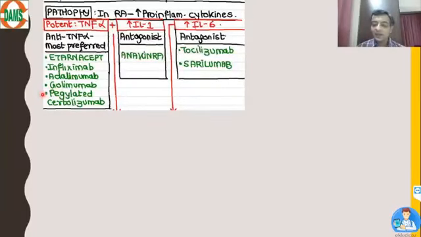In the treatment of RA, anti-TNF alpha agents can be used because by blocking the TNF alpha, they can suppress the inflammation and induce remission.